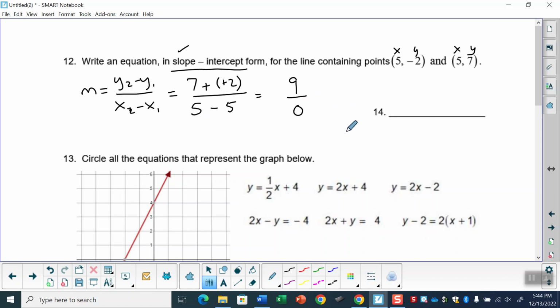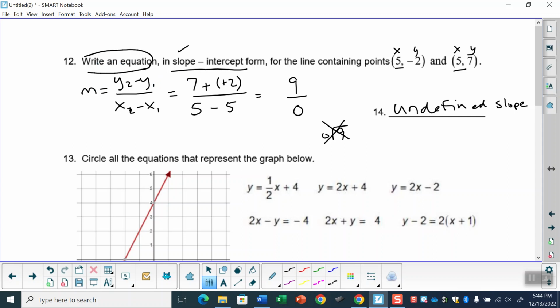Now if I try to divide by 0, right, it's impossible because any number times 0 is going to be 0. So you cannot do it. Again, notice if my x's are the same, right, that means it's not a function. All right, so that is actually going to be undefined slope, right?